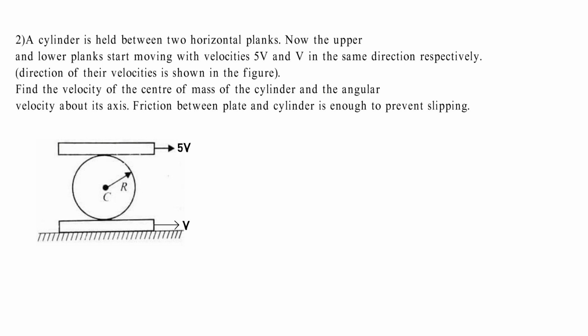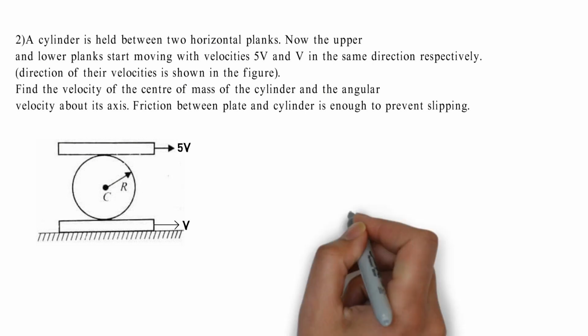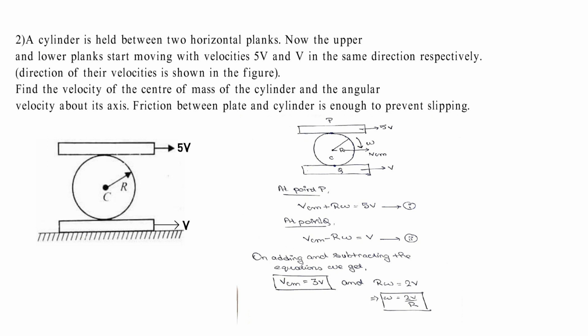about its axis. Now again we have told here that the friction between the plate and the cylinder is enough to prevent the slipping. So we can apply the formulas of pure rolling in solving this problem.